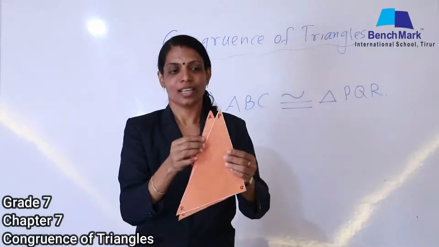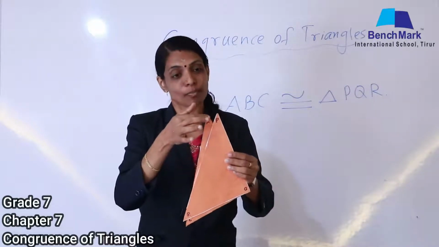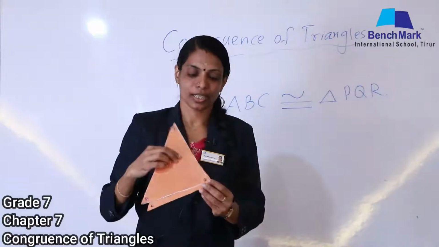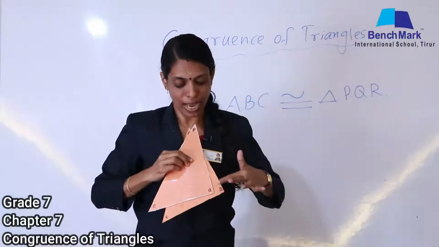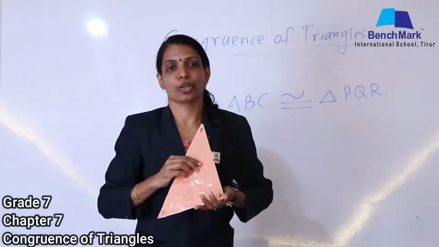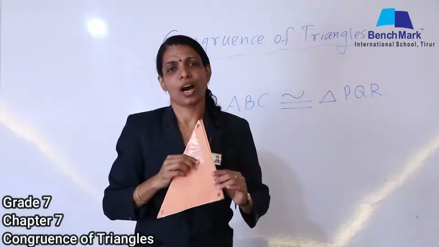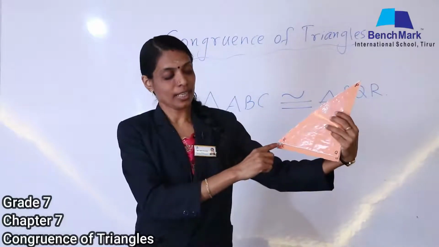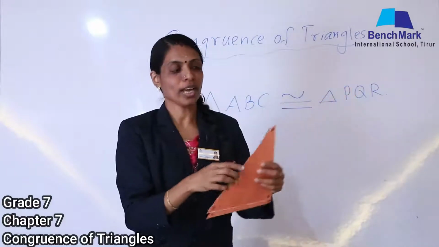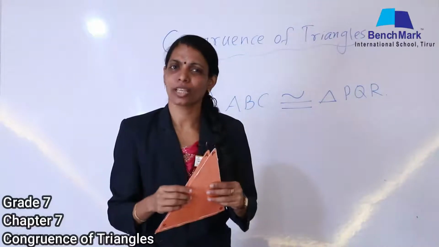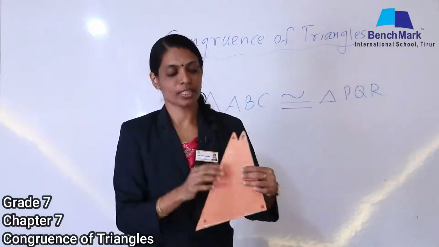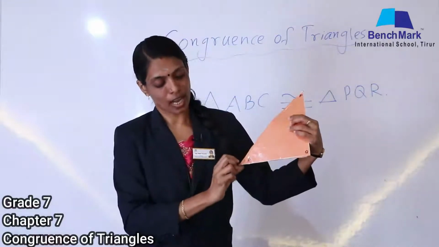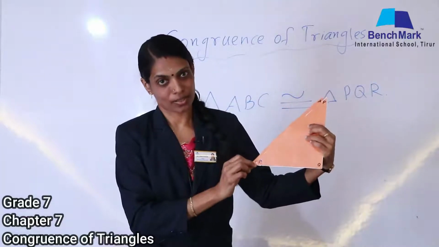So, we say that the vertex A corresponds to vertex P. Same way you can see here the vertex B and vertex Q are getting fixed one over the other. So, B and Q are corresponding vertices, and the third pair is C and R. So, we have three pairs of corresponding vertices here. First one is A and P, second one is B and Q, and third is C and R.